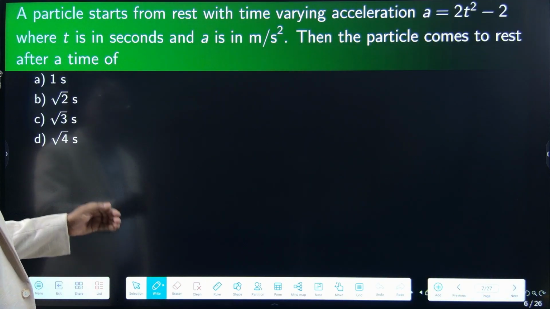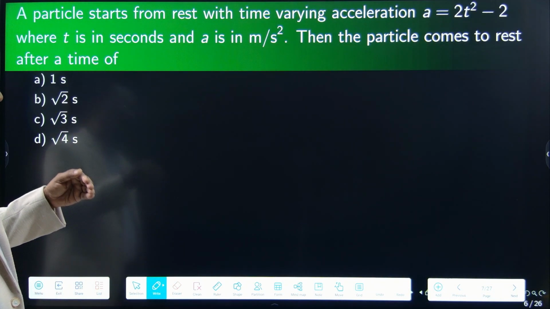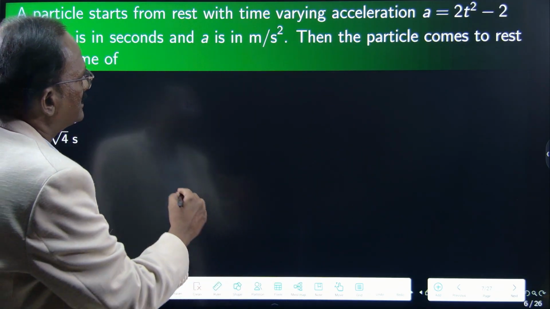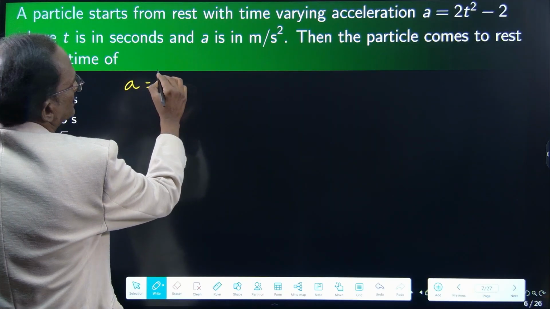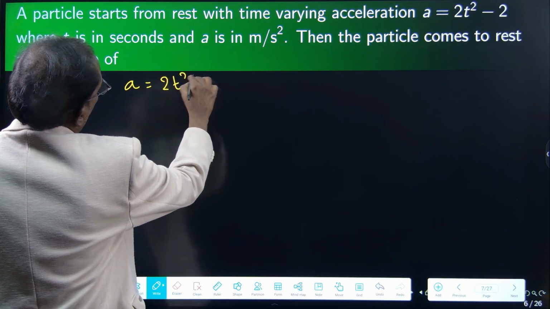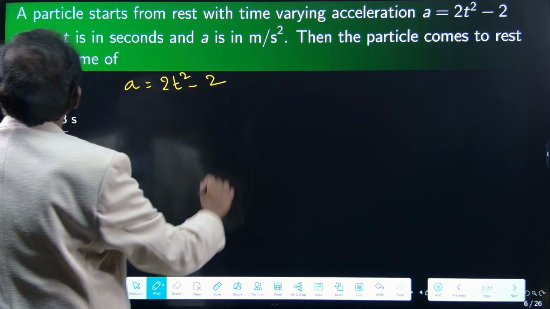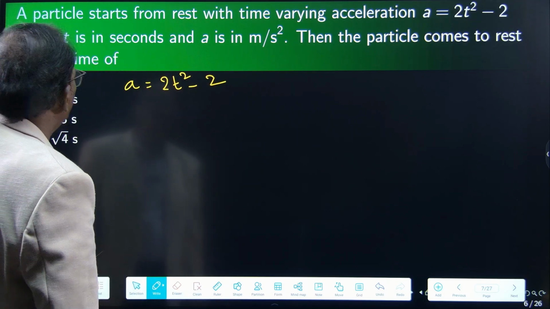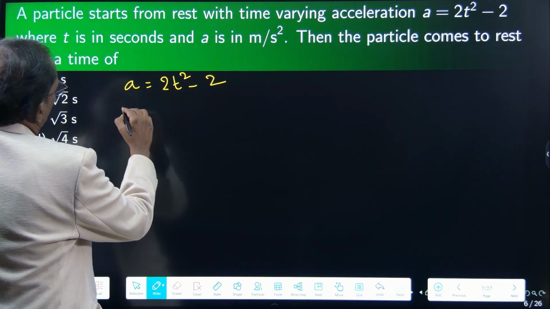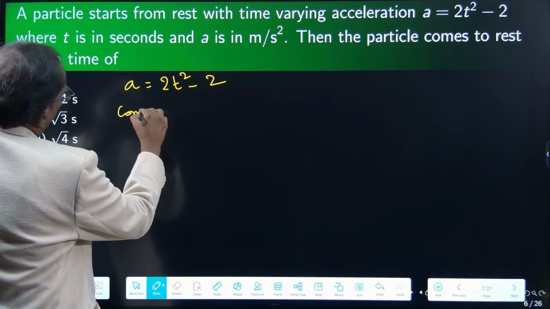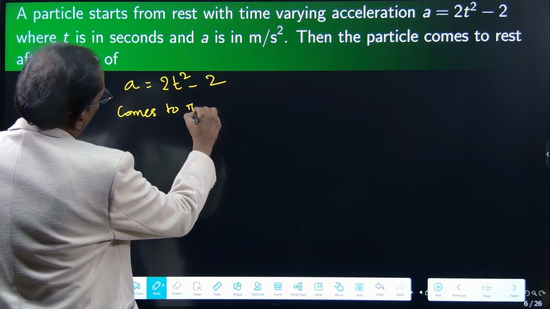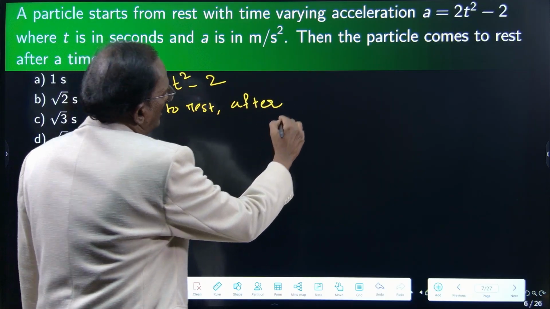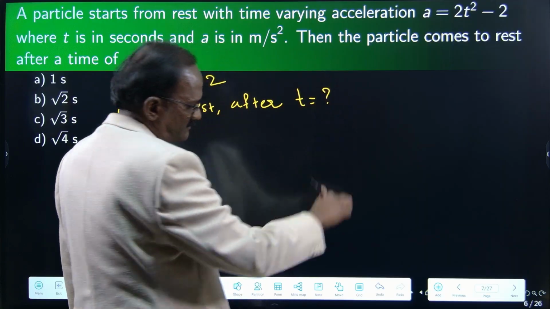Next problem. A particle starts from rest with a time varying acceleration, non-uniform acceleration, right? A is equal to 2t square minus 2, where t is in seconds and a is in meter per second square. Then the particle comes to rest after a time of t is equal to what?